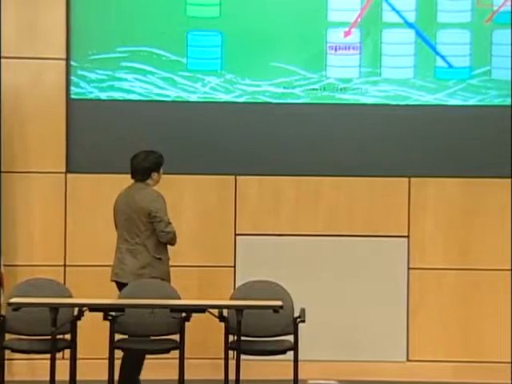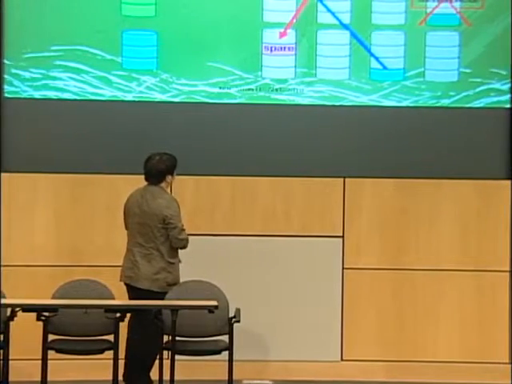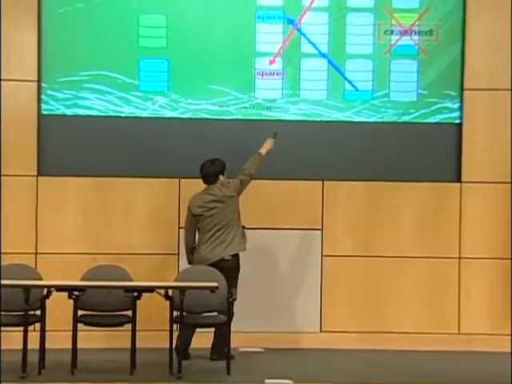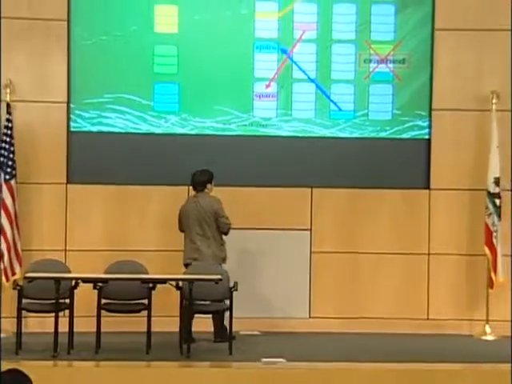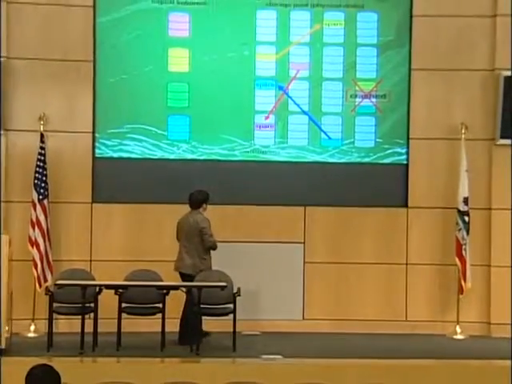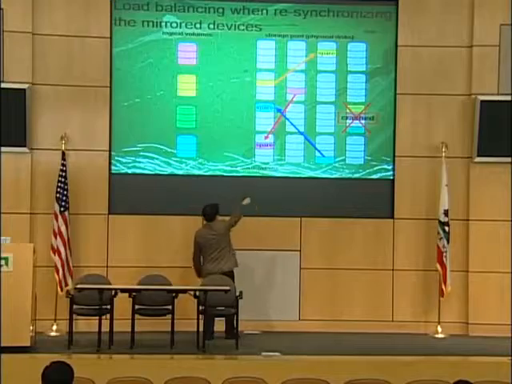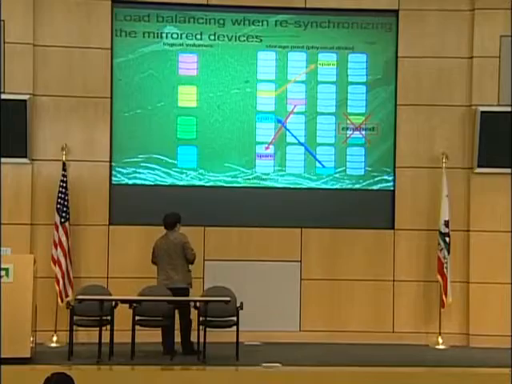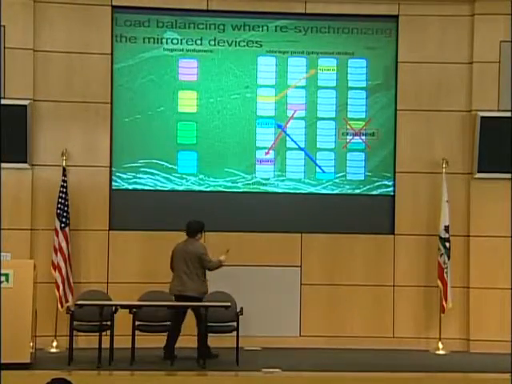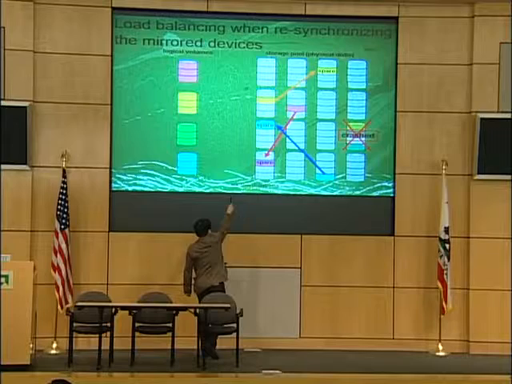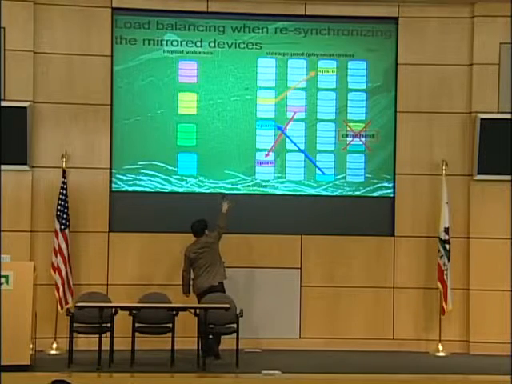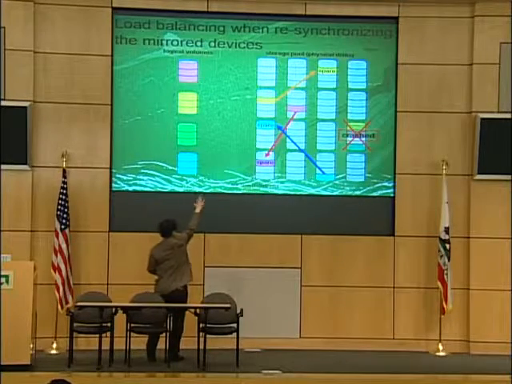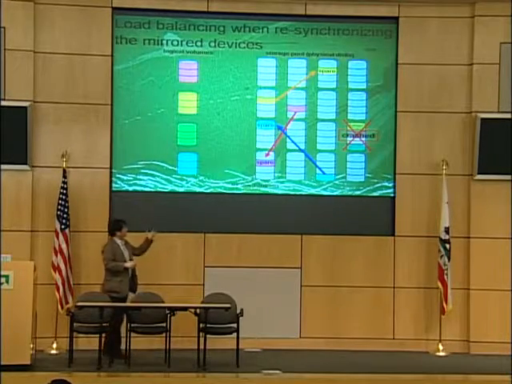So VastSky detects this physical disk is broken. VastSky assigns new spares like this. You can see these spares are allocated in different physical disks.